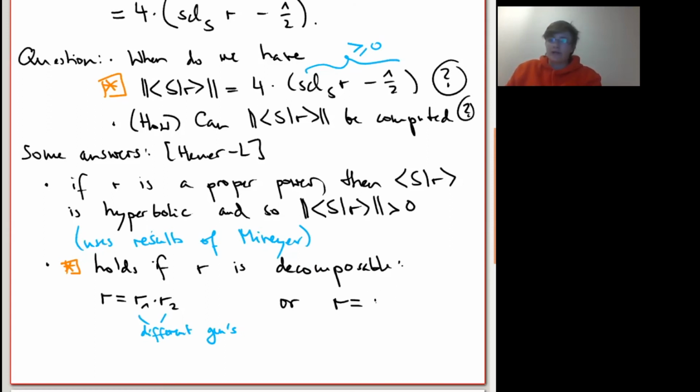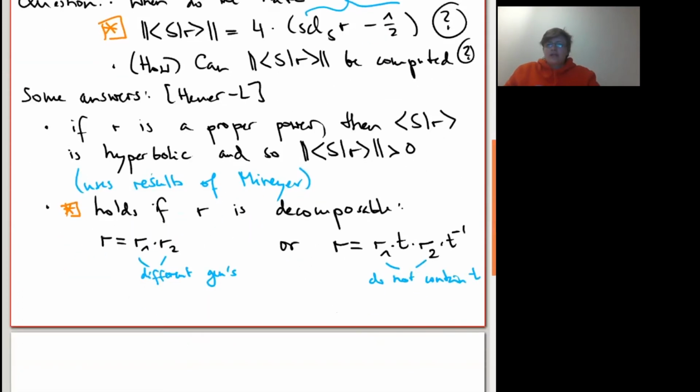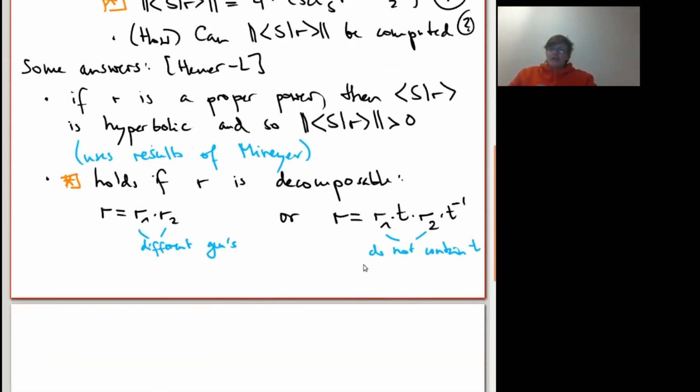It's not really a conjugation, but it's R1 times T times R2 times T inverse, and these two pieces, R1 and R2, do not contain T. What does this use? This uses lots of computations in bounded cohomology and results on stable commutator length of these decomposable relators by Calegari.